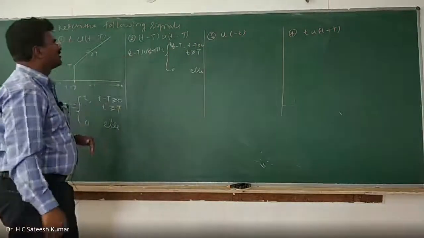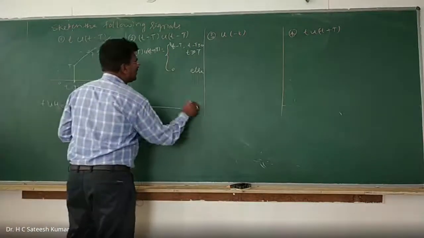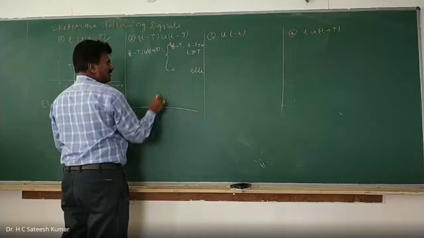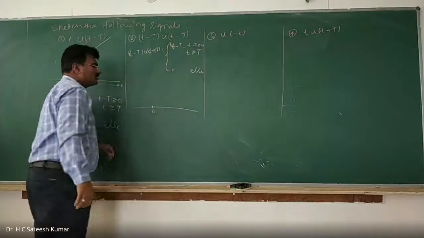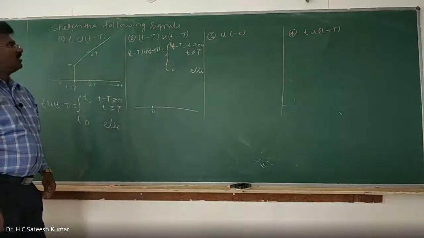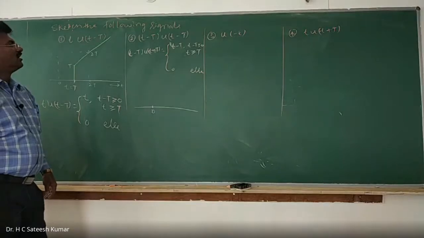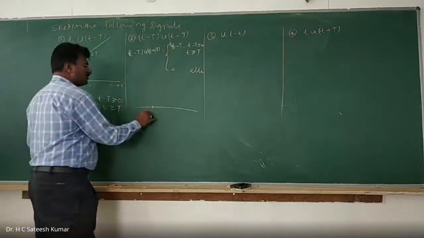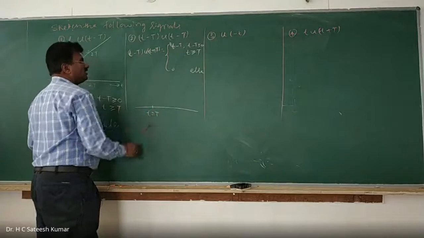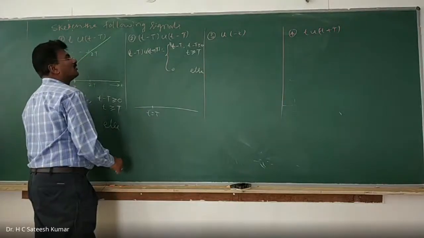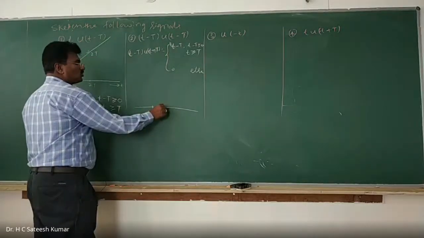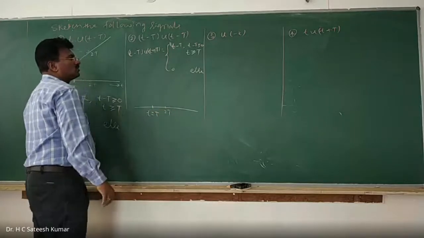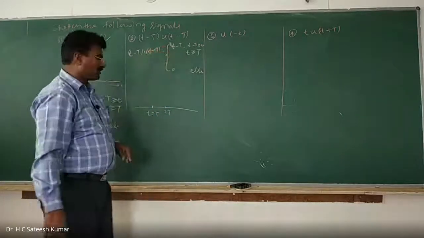Substitute that and tell me what this is. At t equal to T, t minus T is 0. At t equal to T, its value is 0. At t equal to 2T, 2T minus T is what?